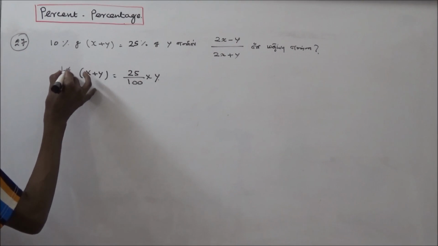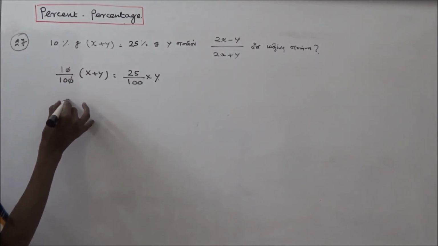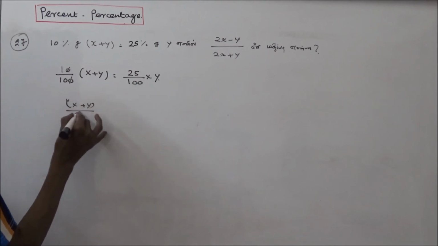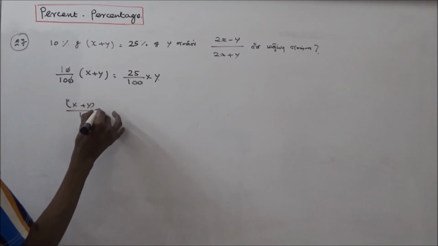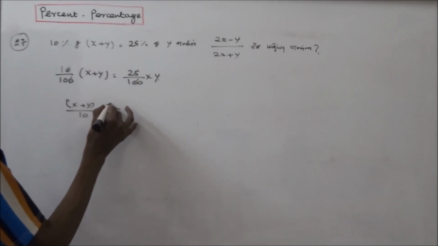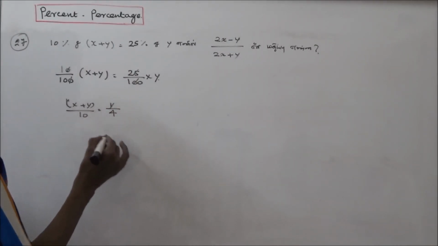Simplified, this is (x plus y) by 10, that is equal to 1 by 4 of y, that is y by 4.